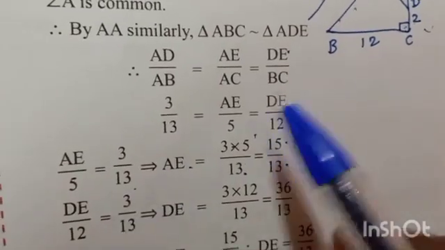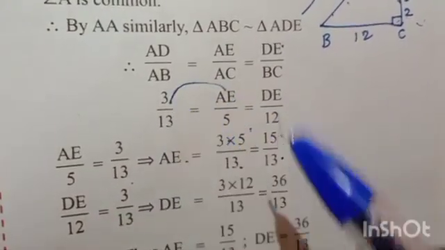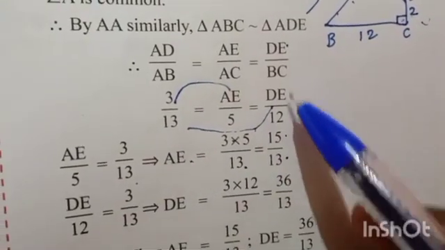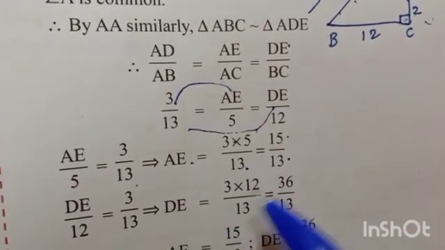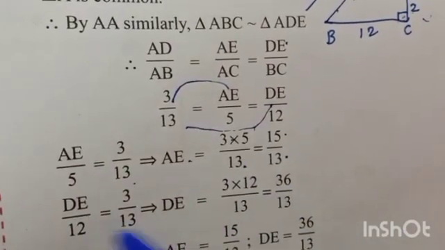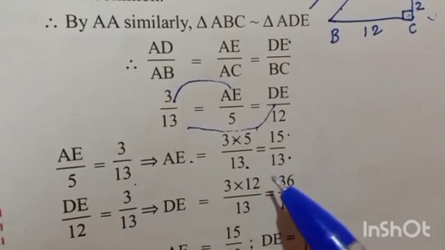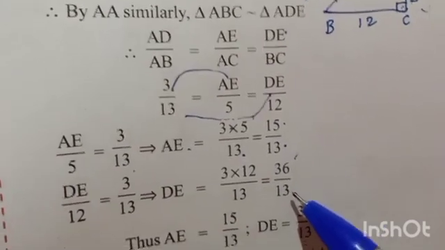Now consider the other two ratios. DE by 12 is equal to 3 by 13. So DE is equal to 3 into 12 by 13, since 12 is transposed and becomes multiplication. That is 36 by 13.